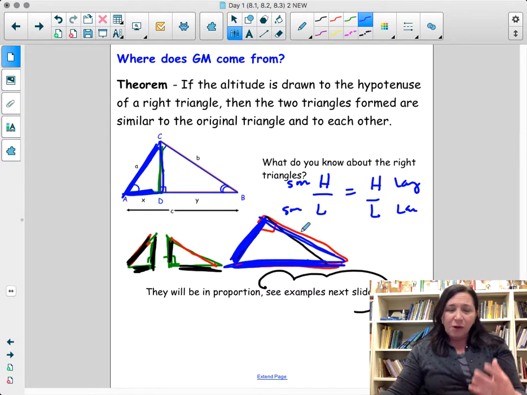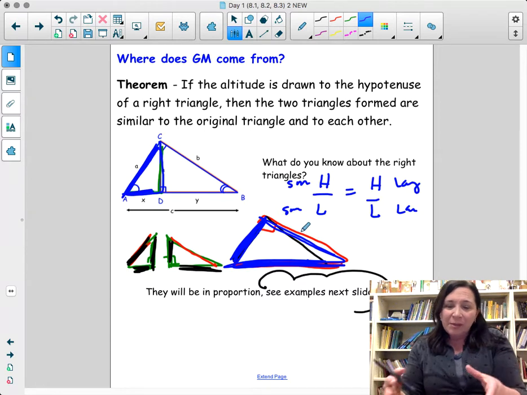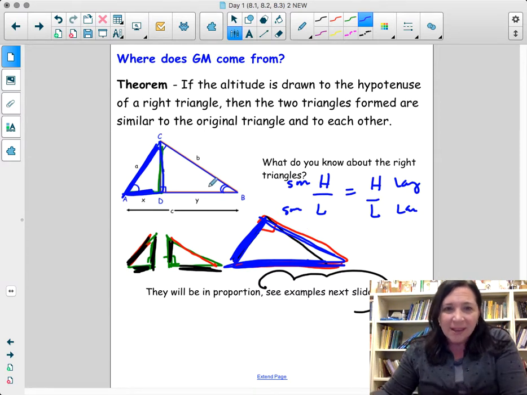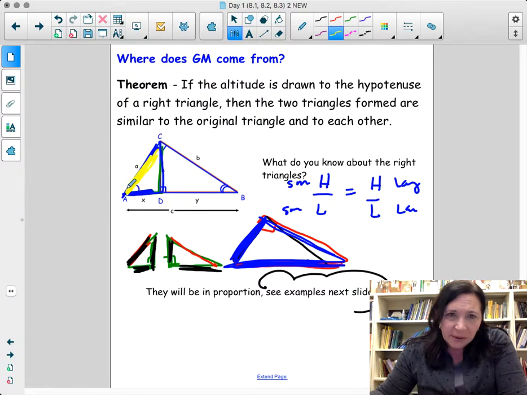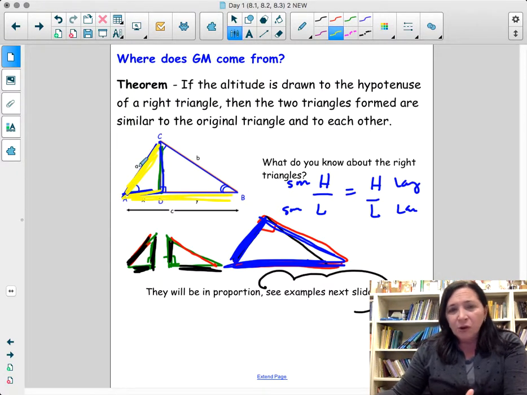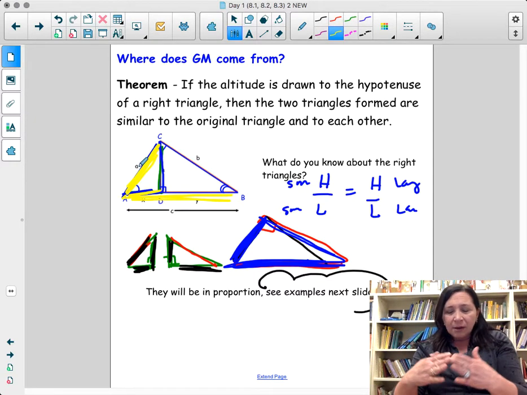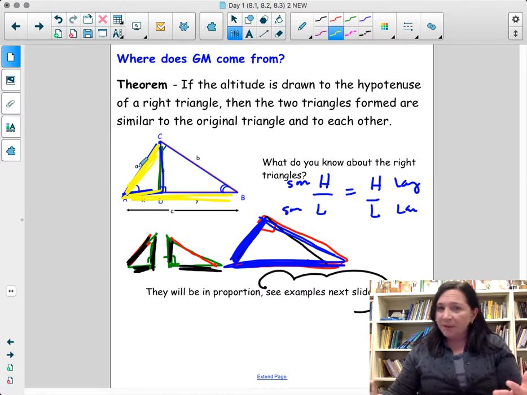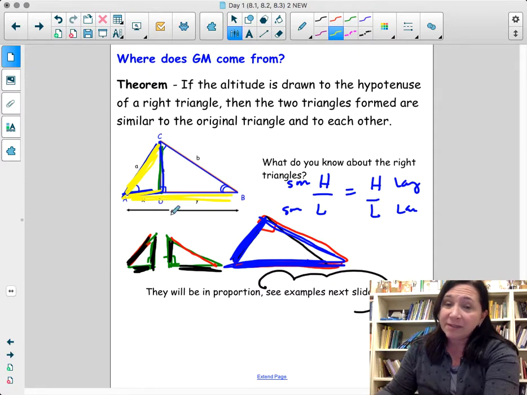And so try to imagine that with the picture on top of it. So let's do that. Hypotenuse is to small leg as hypotenuse is to small leg. So you have to try to see that with the triangles separated. Maybe that helps, I don't know. Everybody's different in learning these.